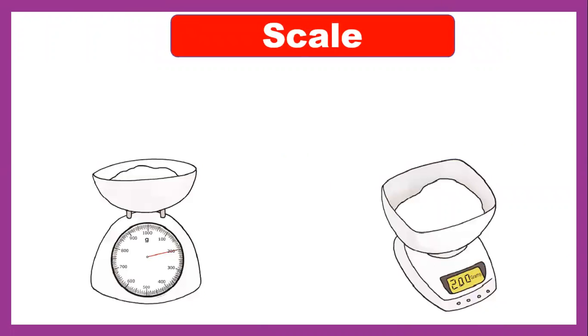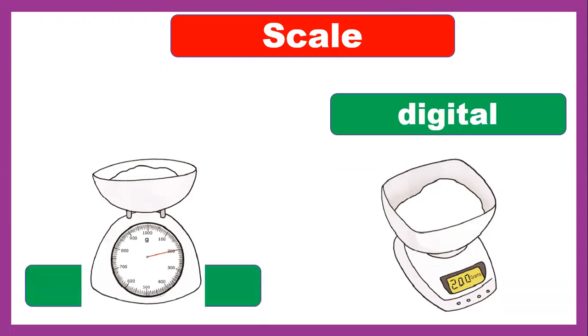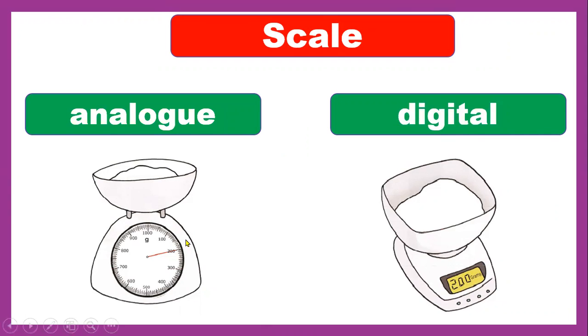So here we have two different types of scales. They work the same, but this is the analog scale, okay, and this is the digital. The difference between analog and digital: in analog you can find a round circle and the hands, the dial.